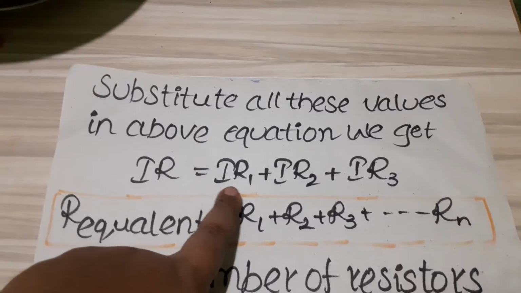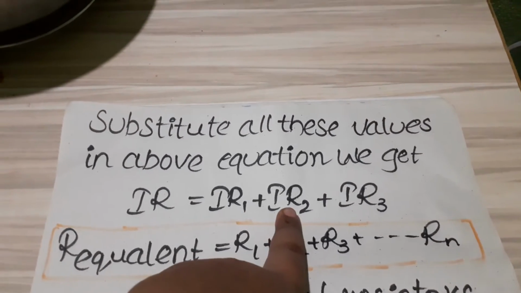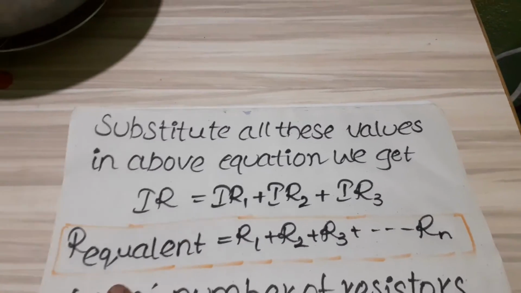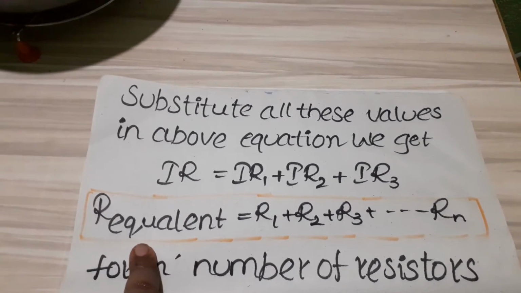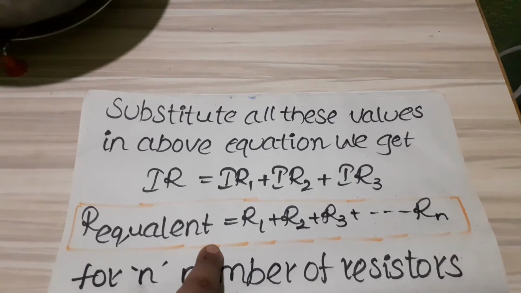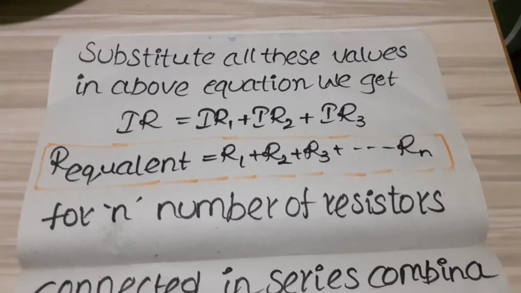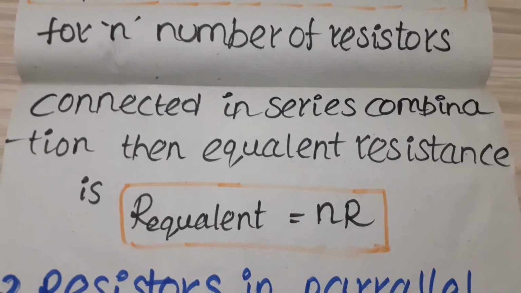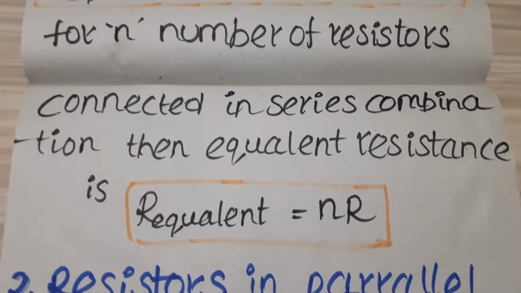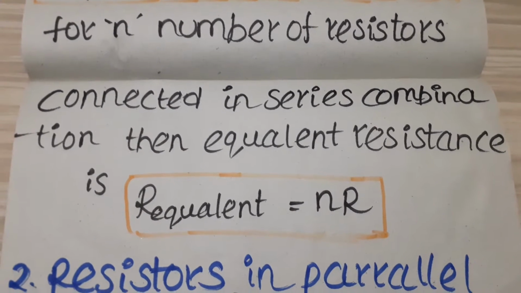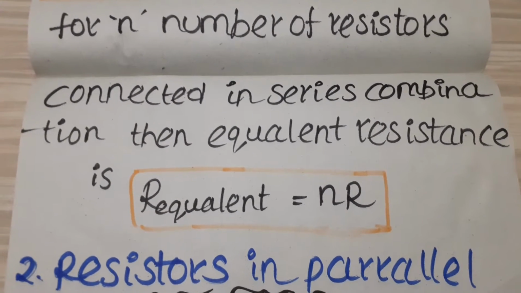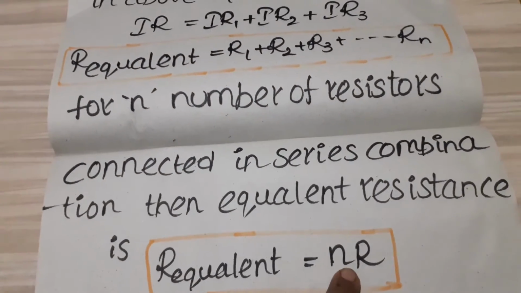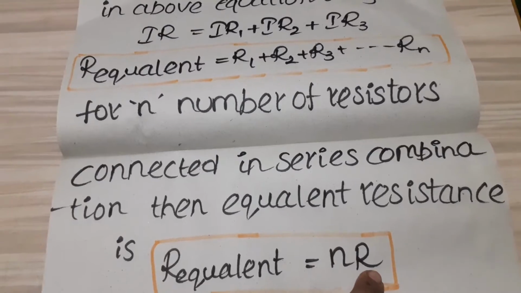IR equals IR1, which is the V1 value, plus IR2, the V2 value, plus IR3, the V3 value. So the equivalent resistance is R equivalent equals R1 plus R2 plus R3 and so on up to Rn. If I connect n number of resistances in series combination, then the equivalent resistance is the sum of the n resistances.